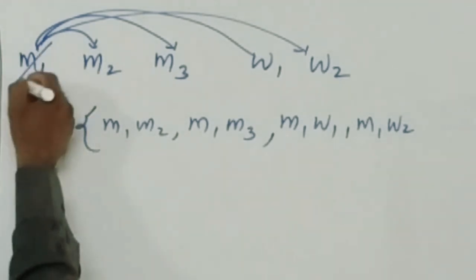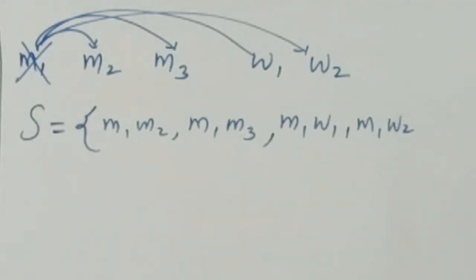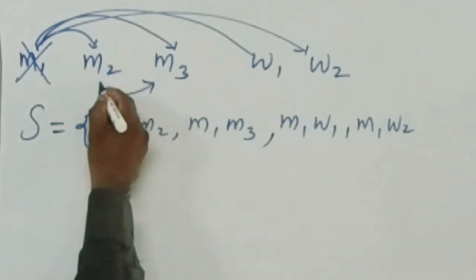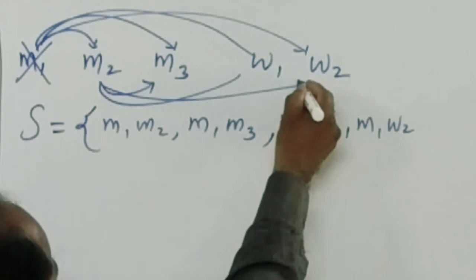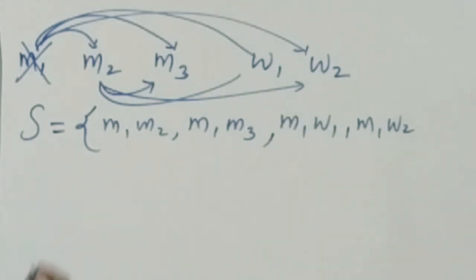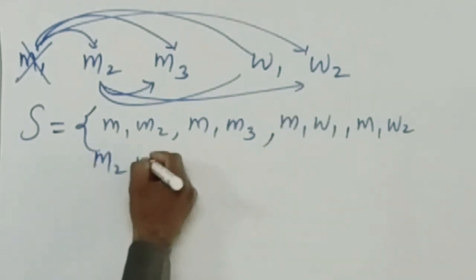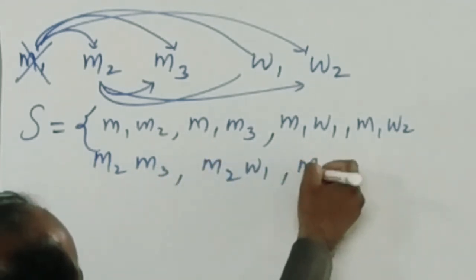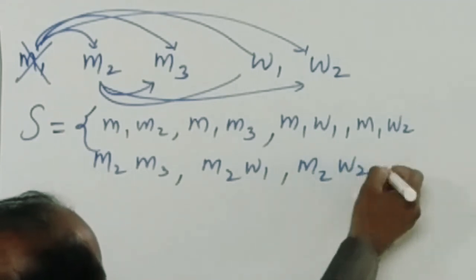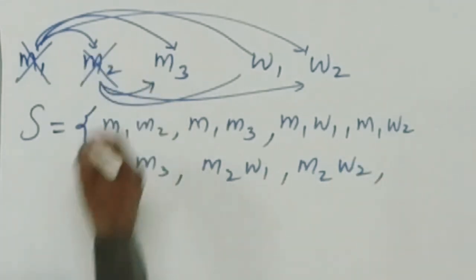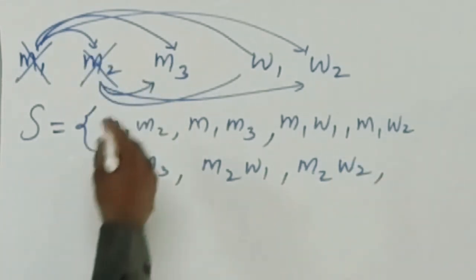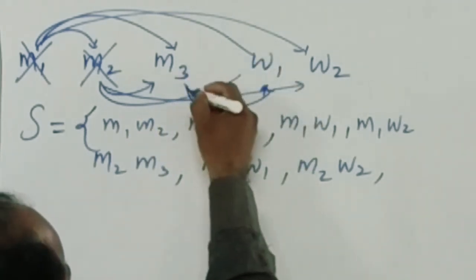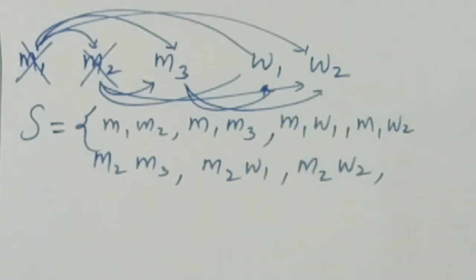Now we'll cancel this M1. Now M2 will make the committee with the rest of the members. So M2, M3, M2, W1 and M2, W2. Now the pairs with M2 are also over with all the members. Now M3 with W1 and M3, W2.